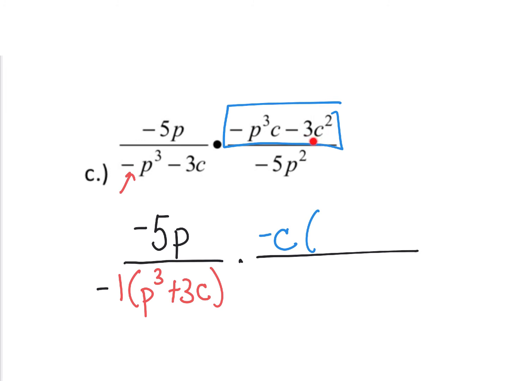I'm confused. Why are you taking out c? There are 2 c's in common and there's no p in common. But I thought you always had to have everything in common before you take something out. Say if I had 3 and then 9 and then maybe 7, I can't take out a 3 because there's a 7 in there.